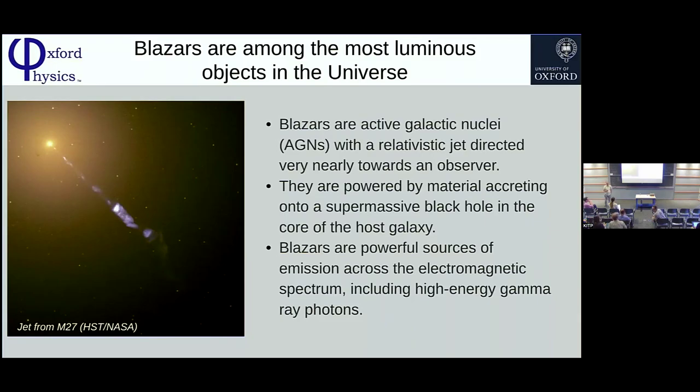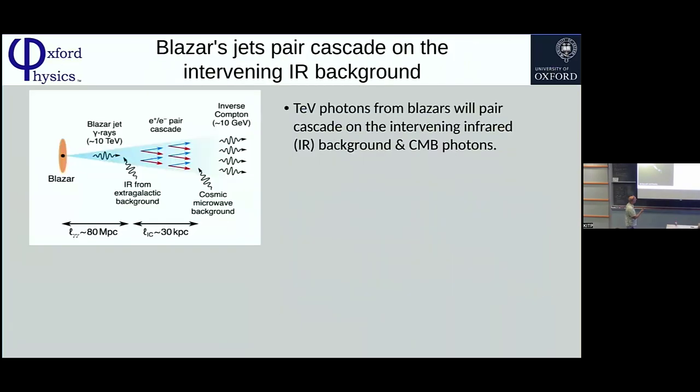And we are concerned mostly with those blazars that emit in the TeV region. So we have a blazar here that emits TeV gamma rays. What happens is that those TeV gamma rays cascade by interacting with the infrared extragalactic light into pairs.